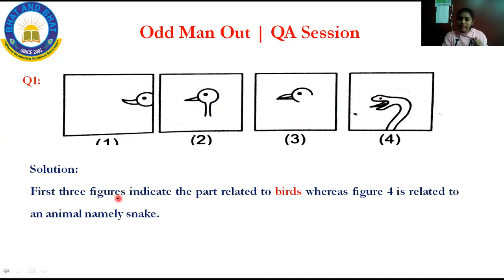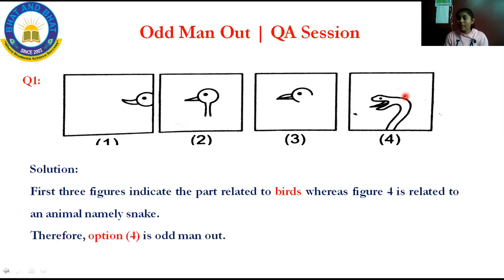The first 3 figures, option 1, option 2, option 3, indicate parts related to birds. Can you see here? These are the parts related to a bird. But the fourth one is related to an animal, that is a snake. The fourth one is different, it belongs to a snake. So what is the correct option? Option 4. It is the correct answer.